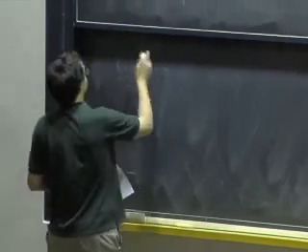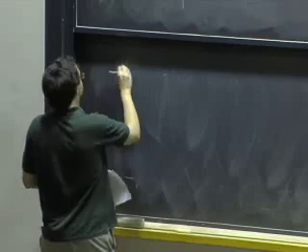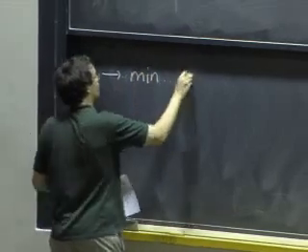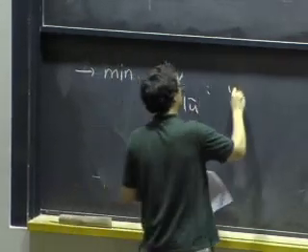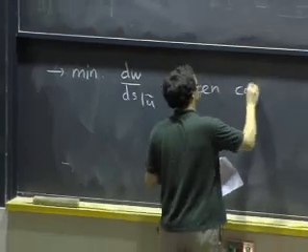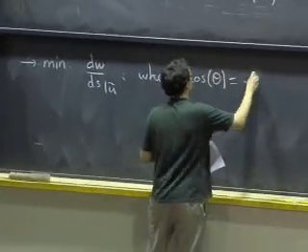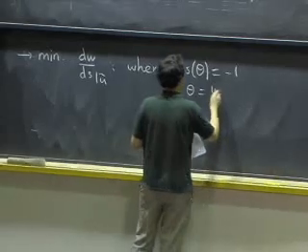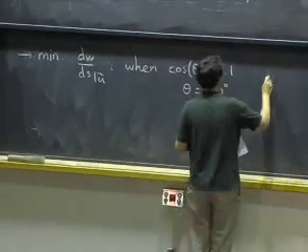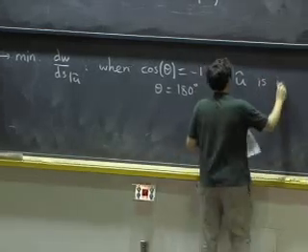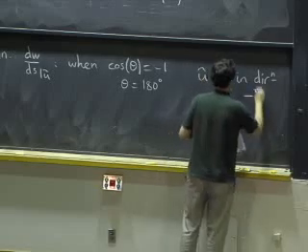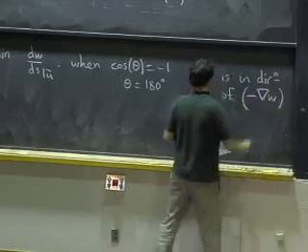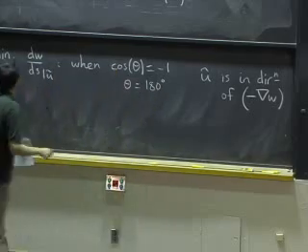Okay, so the minimal value of dw/ds is achieved when cosine of theta is -1. That means theta equals 180 degrees. That means u is in the direction of minus the gradient. It points opposite to the gradient.